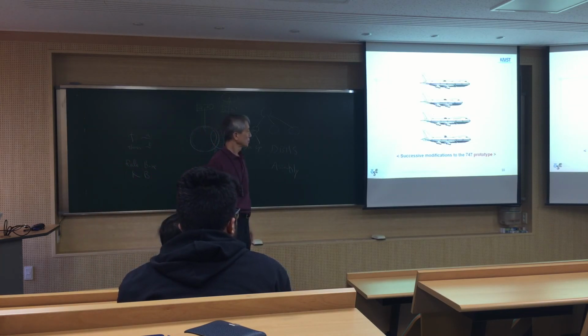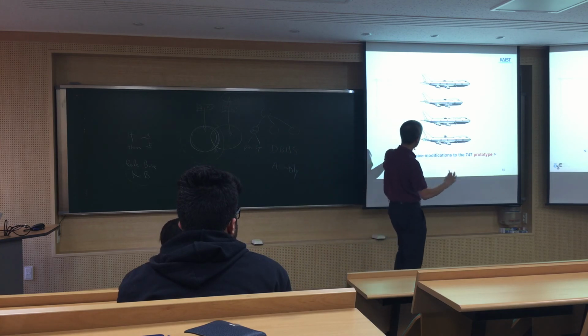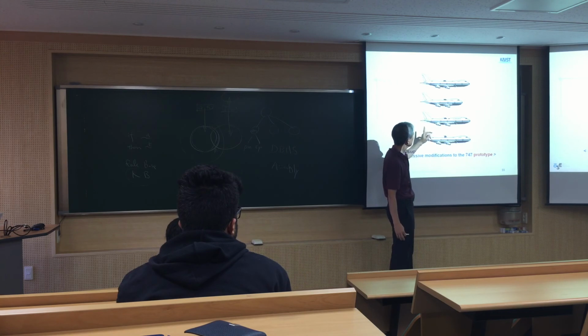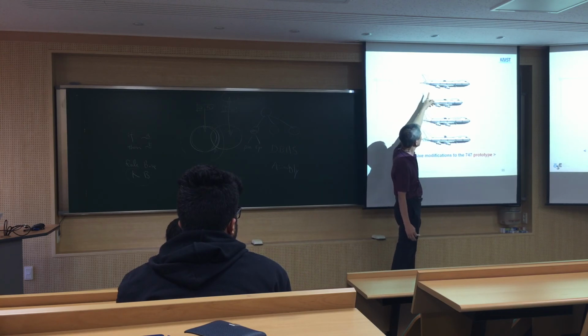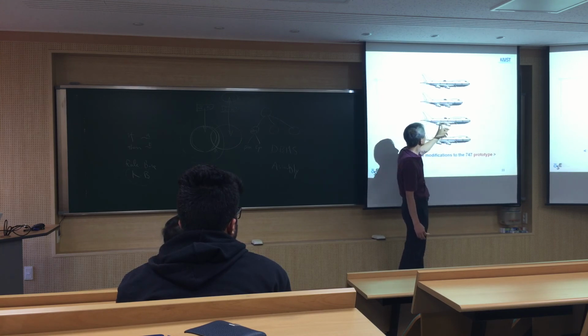Boeing 747 prototype, right? Starting from one design, they just change the length. The windows are 5 here, 5, 4, 4, right? And also the second floor is bigger here, right?